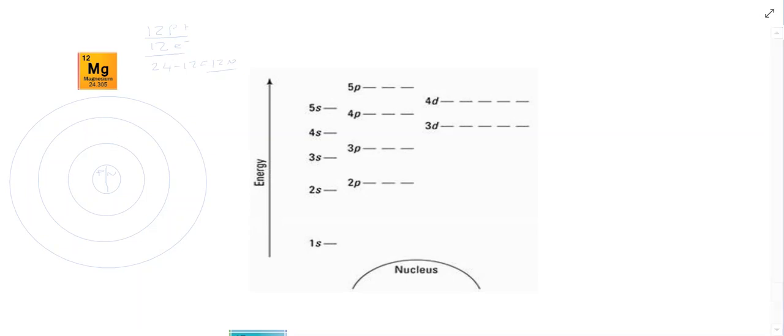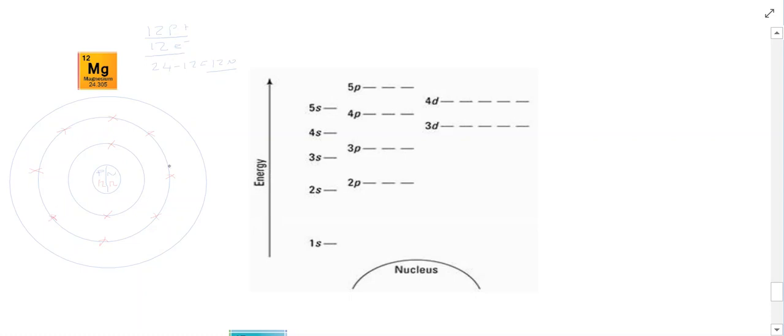We can represent this in a structure like this, which is known as the Bohr model or Bohr structure. Protons, we have 12. Neutrons, we have 12. Then we can represent each of the electrons. This is the first energy level, so we have 2 electrons here. This is the second energy level, so we have 8 electrons: 1, 2, 3, 4, 5, 6, 7, and 8.